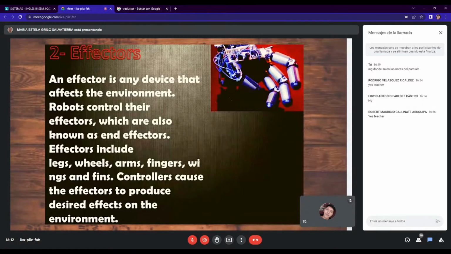Arm is the whole, and fingers are these ones that we have, but we have seen also that some robots have only grippers. Do you remember? The grippers are going to take some boxes and they are going to transport also to other places. Okay, what more do we have here?